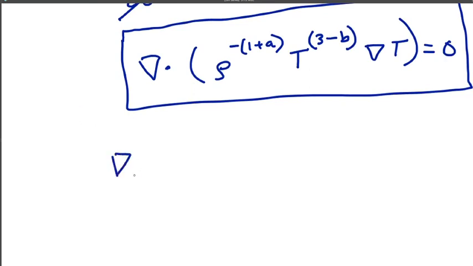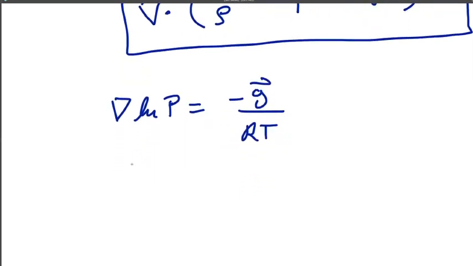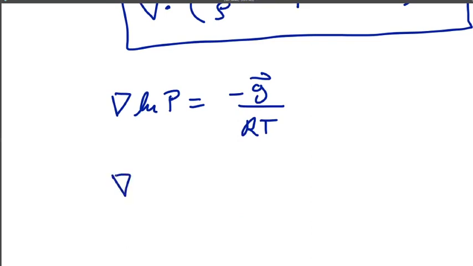So grad log P is minus G vector over RT, and we would solve that paired with a simple div dot rho to some alpha, T to some beta for power laws, grad T equals 0.